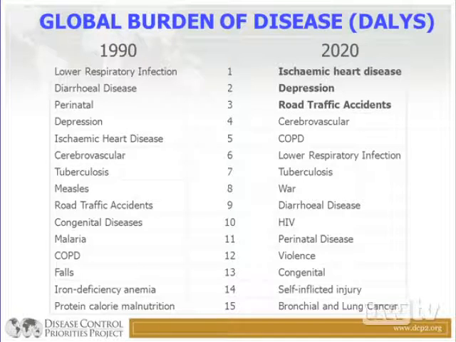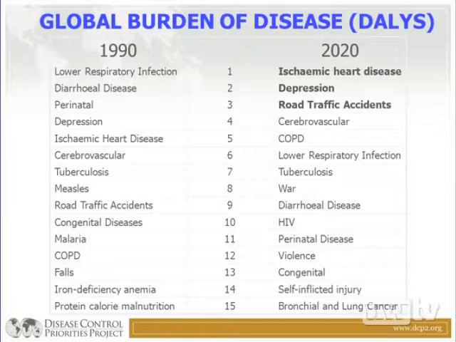But things are changing fast, and by 2020, globally, the top of the list is going to be ischemic heart disease, followed by depression, and further projections to 2030 have mental illness at the top of the list in terms of global burden of disease. And you can see road traffic accidents moving to the top as well, and the infectious diseases coming down.